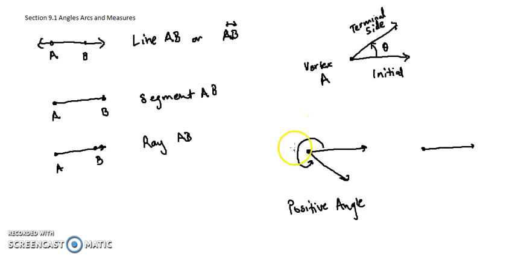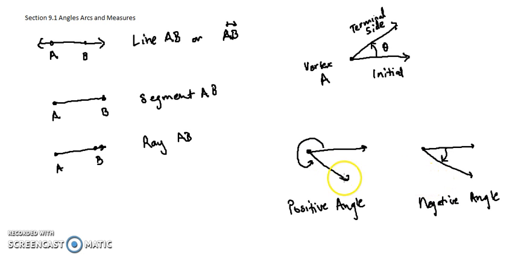Okay, so anytime we rotate counterclockwise, it's going to be a positive angle. Now, if we start from that same point and we rotate clockwise, that's going to be a negative angle. Okay, so there's a positive angle and there's a negative angle.